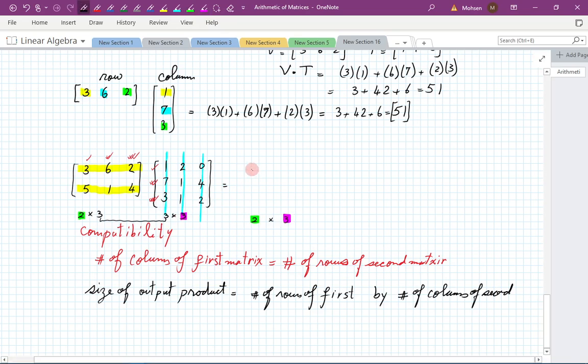And then there is all the work that has to be done. So we said we have to do 6 of these things. So 3, 6, 2 by 1, 7, 3, that's the 51 that I had here. So first row and first column, and then first row with the second column. So 3, 6, 2 dotted with 2, 1, 1.